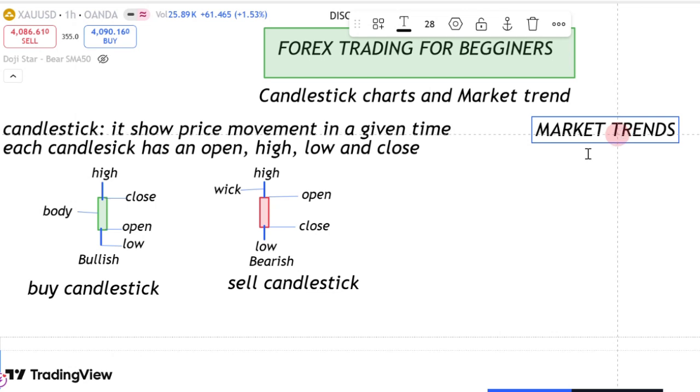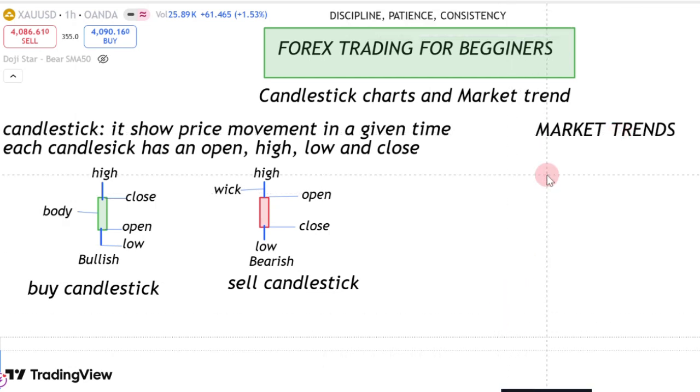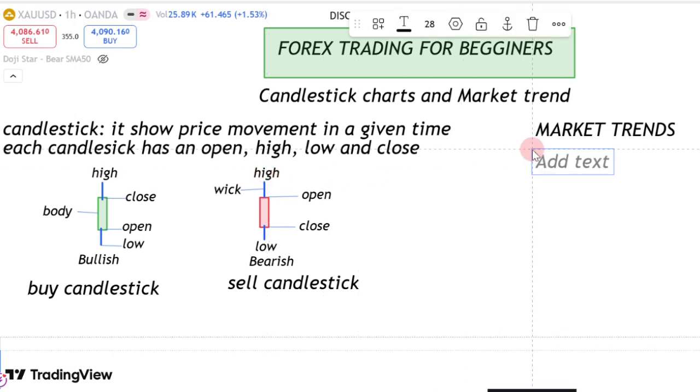When we talk about market trends, you have uptrend, downtrend, and ranging.